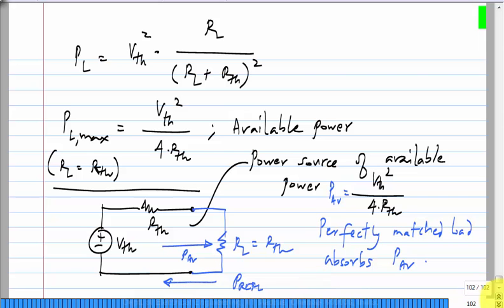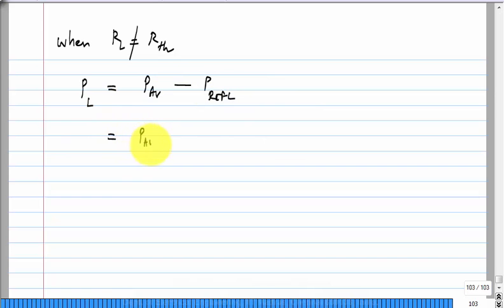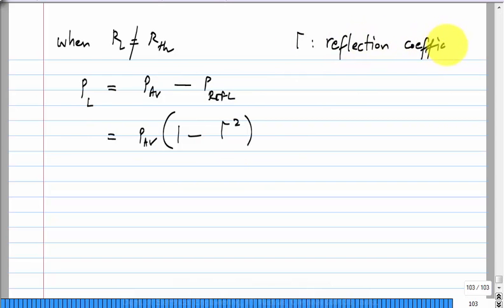So, please calculate this. What I want is, when RL is not matched to the source, I want to write the actual power in the load as P available minus P reflected, and that is also sometimes written as P available times (1 minus gamma square), where gamma is the reflection coefficient.